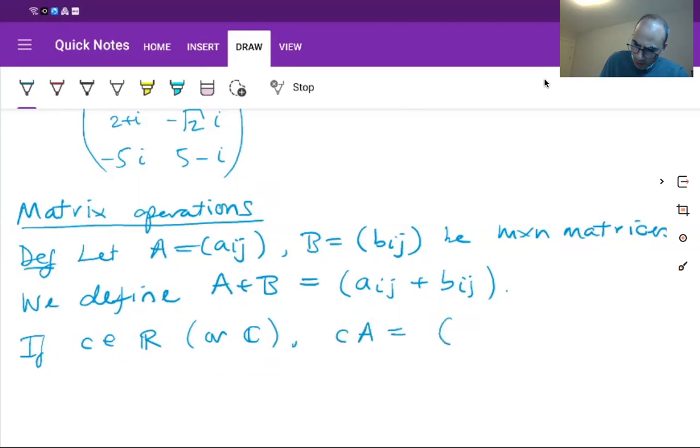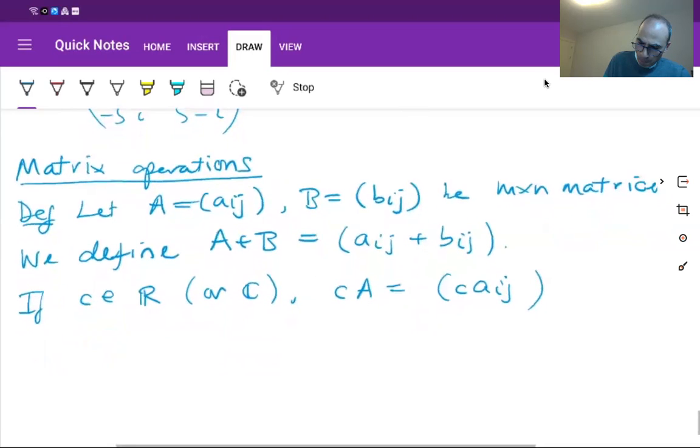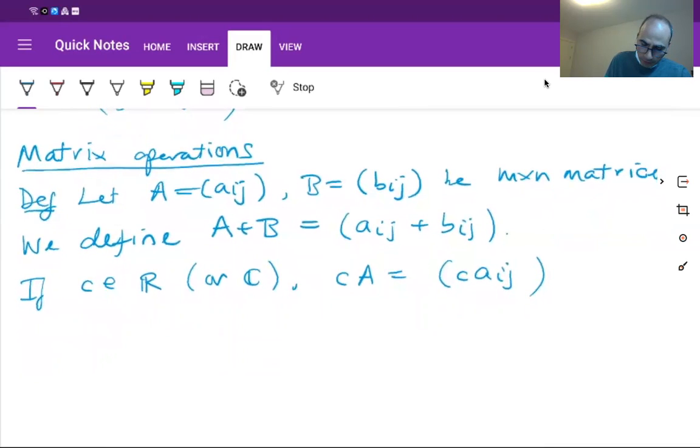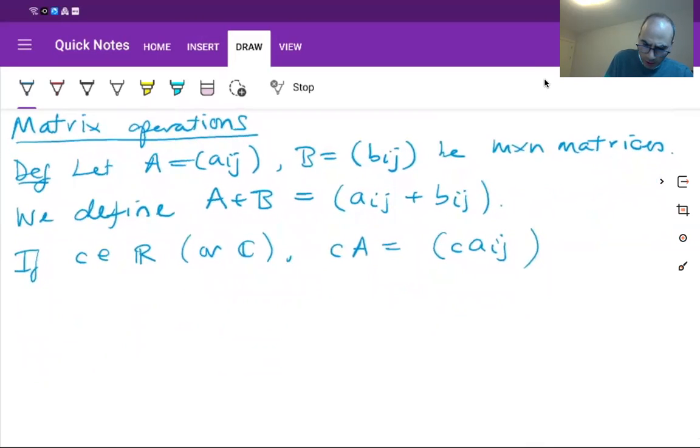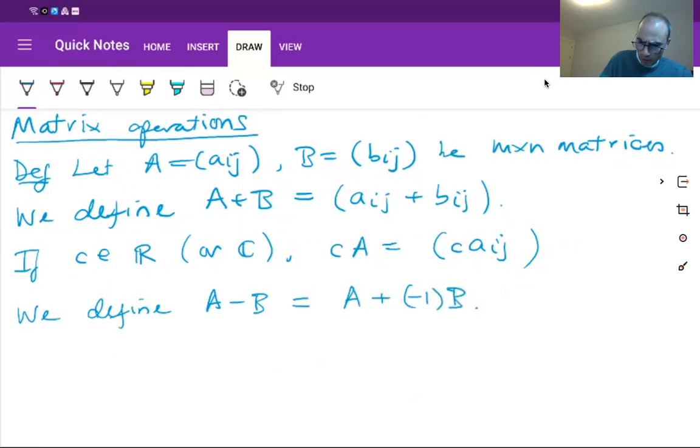This is just, you multiply each entry by C. Okay, and we can also define the difference as well. This is just equal to A plus minus 1 times B.